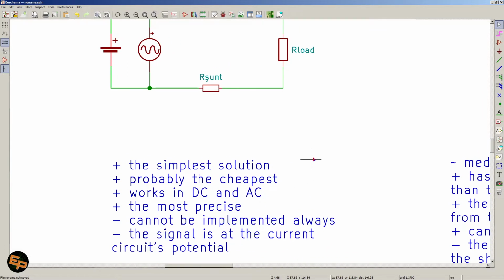And the second disadvantage, which can be pretty big sometimes, is that the signal that we get, which is the voltage across the shunt resistor, is found at the current circuit's potential, right?